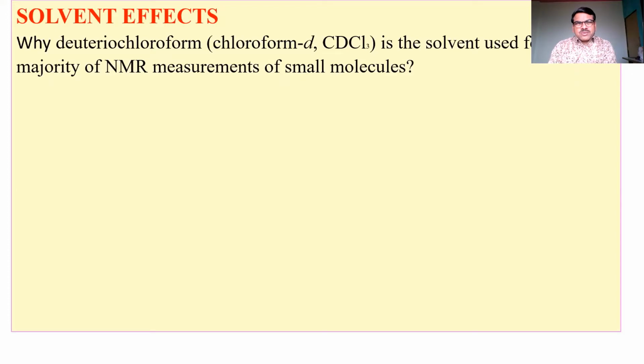deuteriochloroform, chloroform-D, shortly called CDCl3, is the solvent used for the vast majority of NMR measurements of small molecules or any kind of molecule.